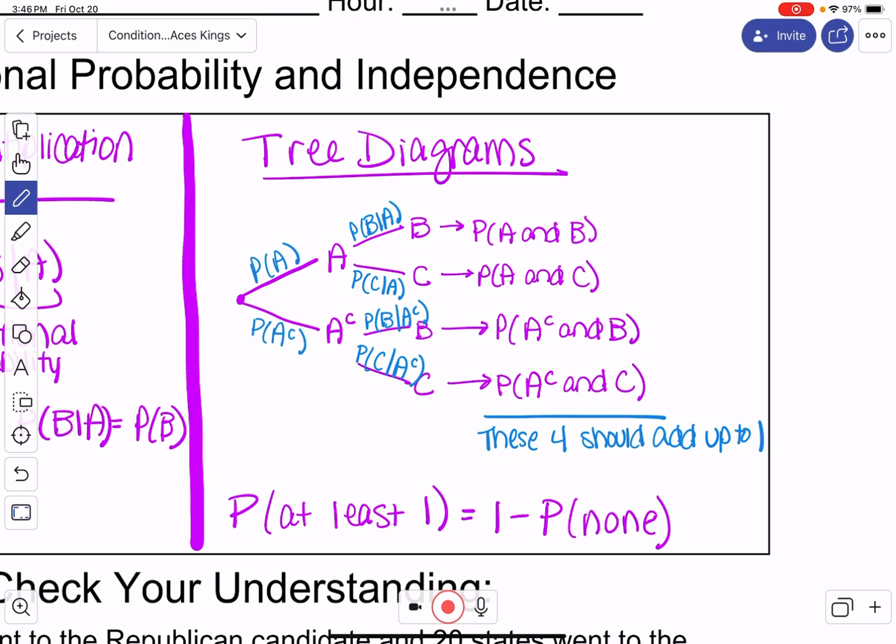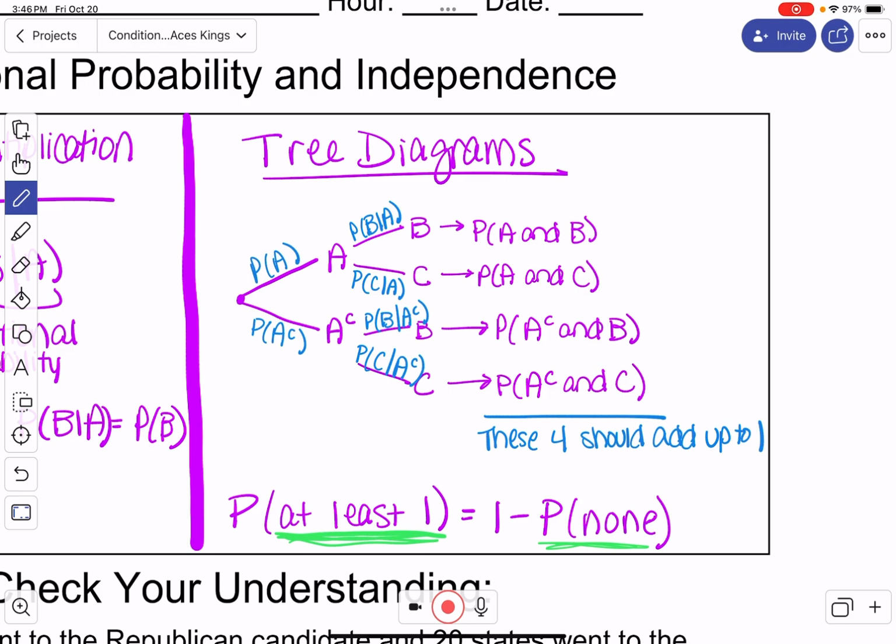And again, in the end, all those probabilities should add up to 1. And you may have more than 4 branches. Just this example we used had 4 branches. And if it ever asks the probability of at least 1, you're going to do 1 minus the probability of none happening. We'll see an example of that in the Check Your Understanding.